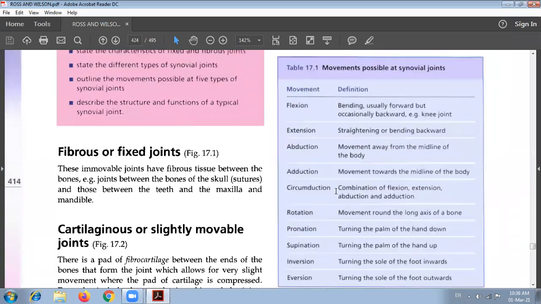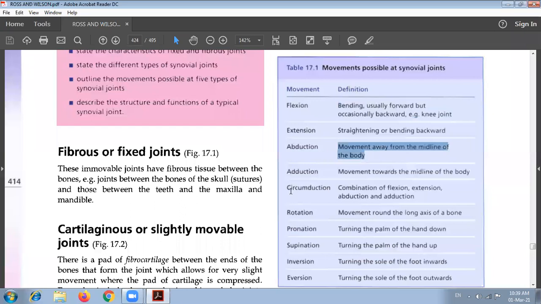They are listed here. The flexion type of movement is nothing but bending, usually forward or backward. Example, the knee joint. You can move your knee joint in flexion, then extension, straightening or bending backward, then abduction, movement away from the midline of the body, then adduction, movement towards the midline of the body, then circumduction, that is flexion, extension, abduction and adduction all coming together.